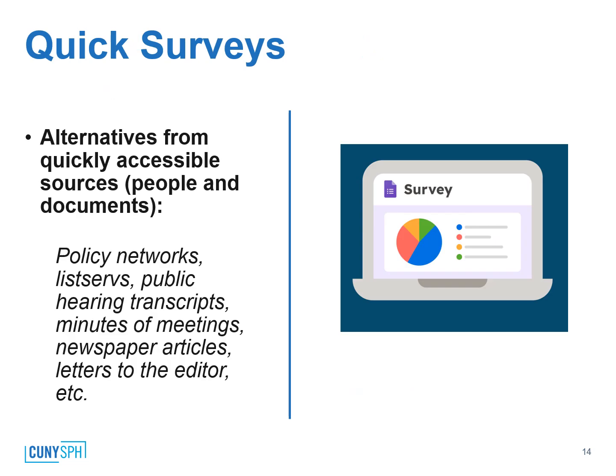Quick surveys are rapid, pragmatic tools for gathering insights when time or resources are limited. Rather than conducting full-scale research, analysts gather information from easily accessible sources such as policy networks, professional listservs, meeting minutes, or newspaper articles and letters to editors.